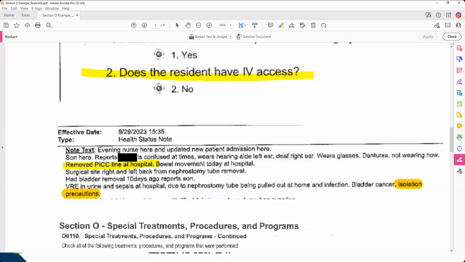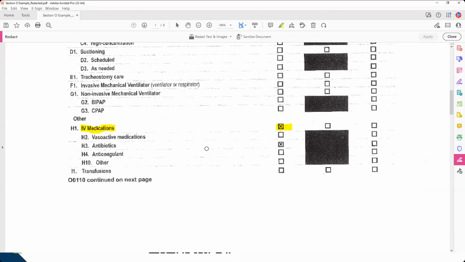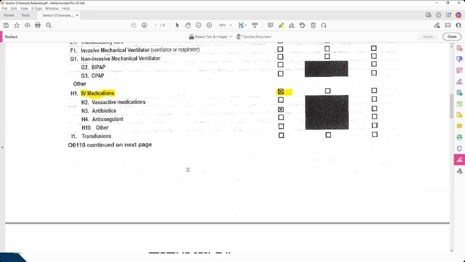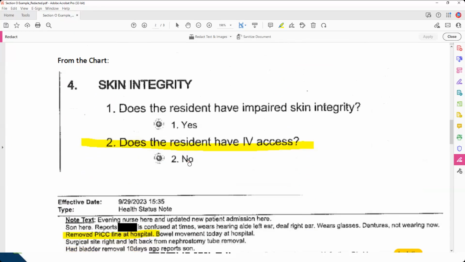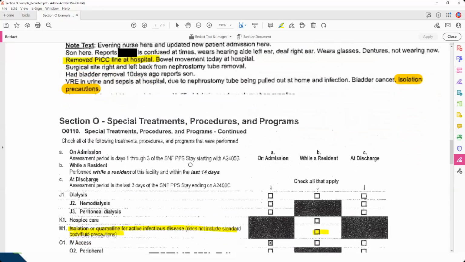In this case, we would remove the IV medications from the MDS because it was not supported. So this would need to be unchecked because it was not supported anywhere in the documentation, which could potentially change your payment rate.